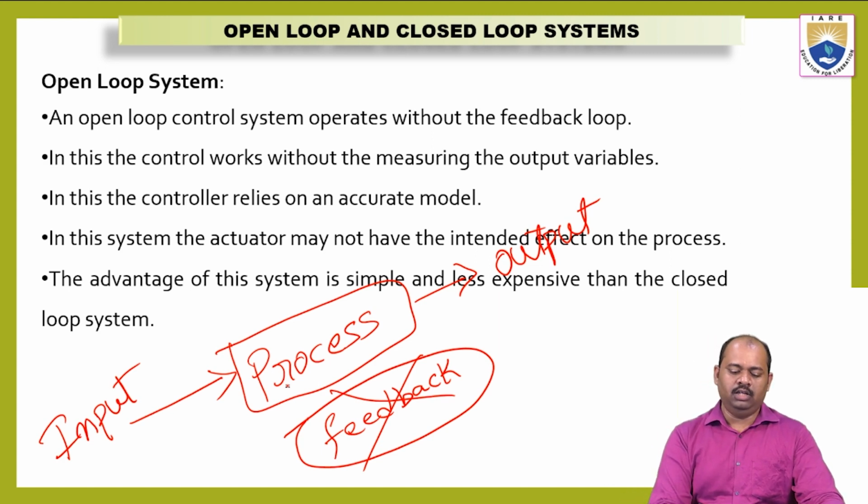The input is not affected by the output variable. This is an open loop system where the end product is not taken as feedback into the input of the process system.